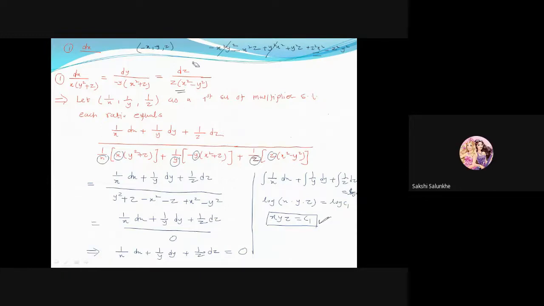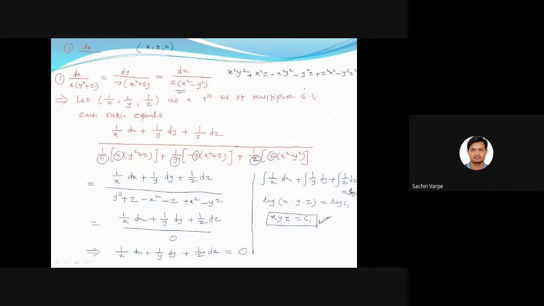x, y, z. Just a minute. Let's try the x y z. xyz gives x square y square. Then x square z minus x square y square minus y square z plus z square x square minus y square z square.